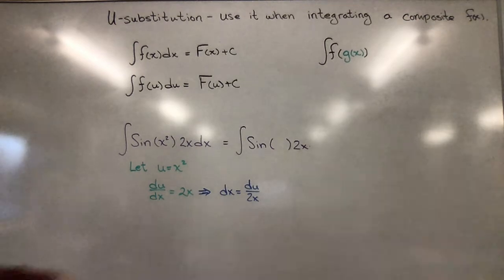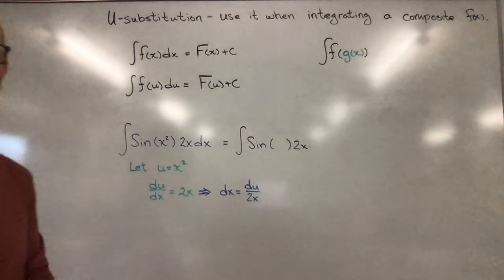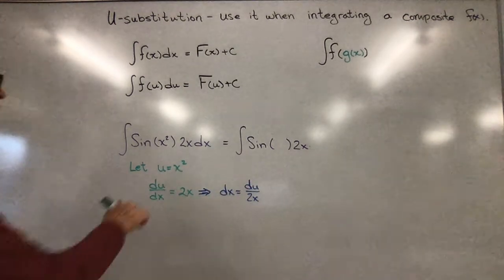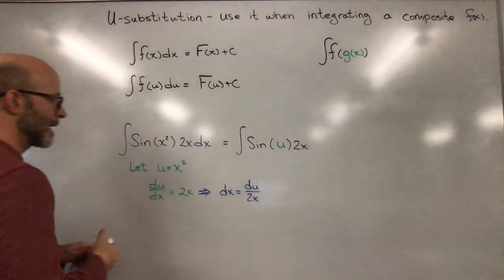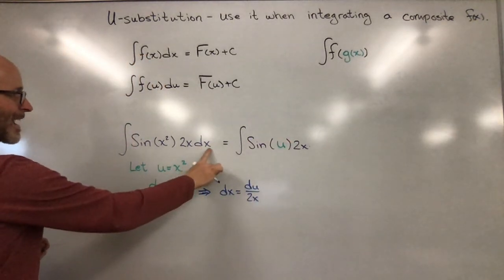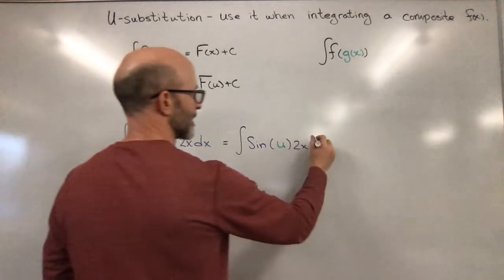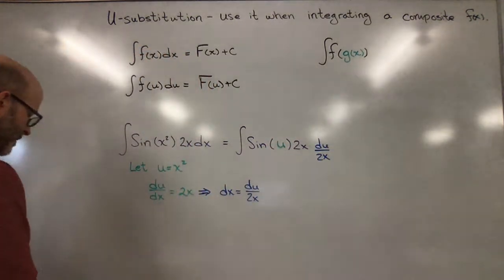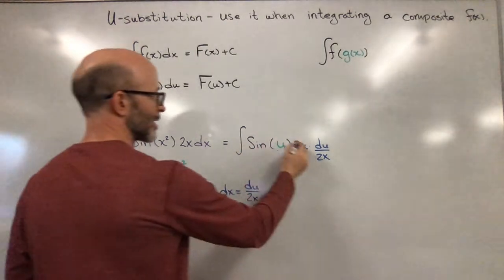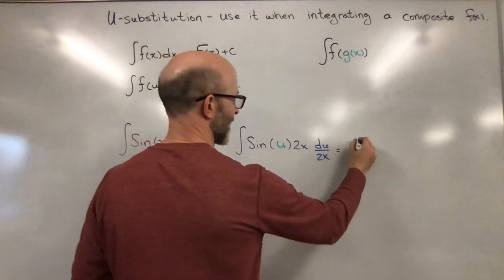I can rewrite my integral and make it much easier. We said that x squared was equal to u. And we said that dx is equal to du divided by 2x. By the time I'm done sorting this out, the 2x's are going to divide out.